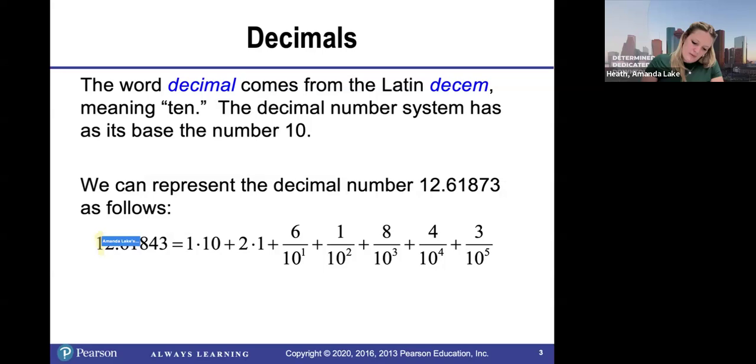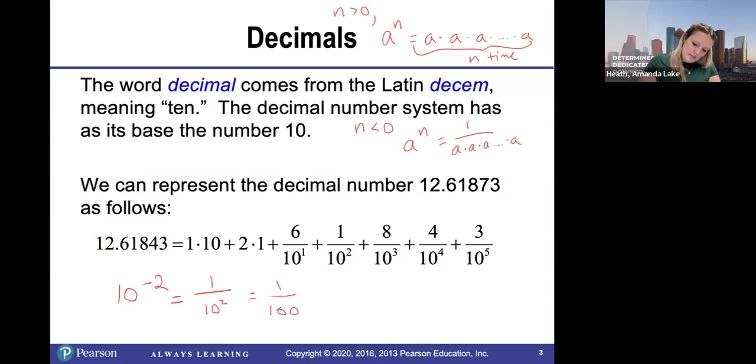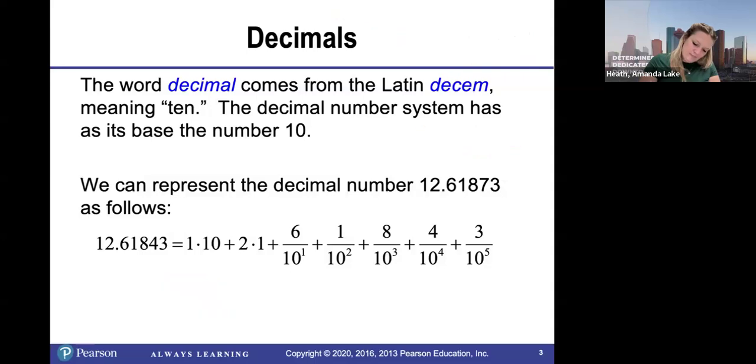This 1 tells us that there's 1 ten in this number, so I can write that as 1 times 10.